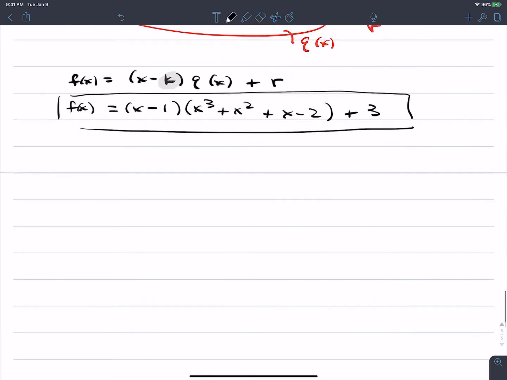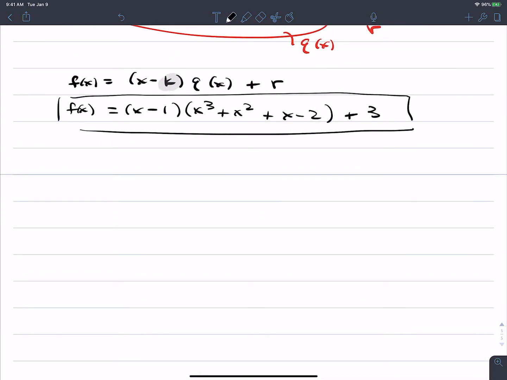Okay, number 15, let's remember the remainder theorem. Since f of x equals x minus k times q of x plus r here.